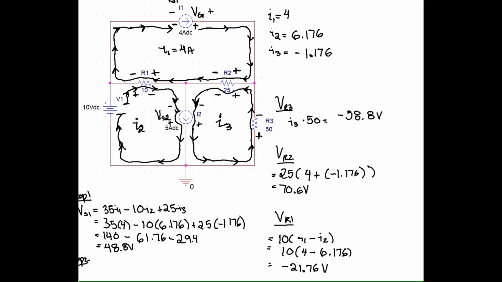So we have 48.8 volts across the first current source, and from loop 2 we can find the voltage drop. Well, actually loop 3 is a little easier. We can find the voltage drop across the second current source, which comes out to 11.8 volts.